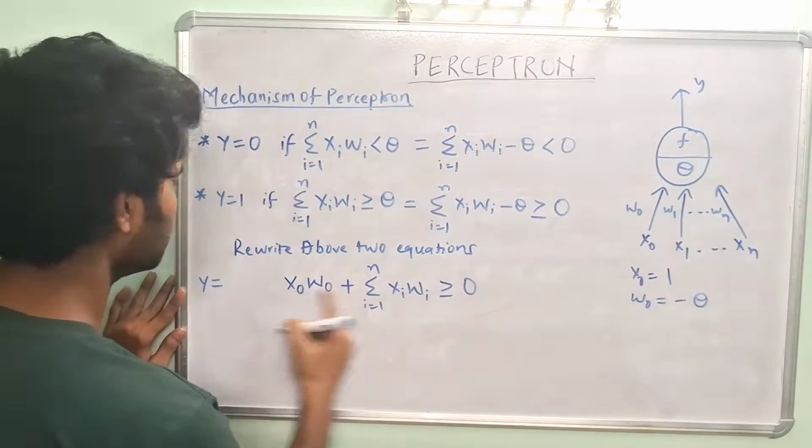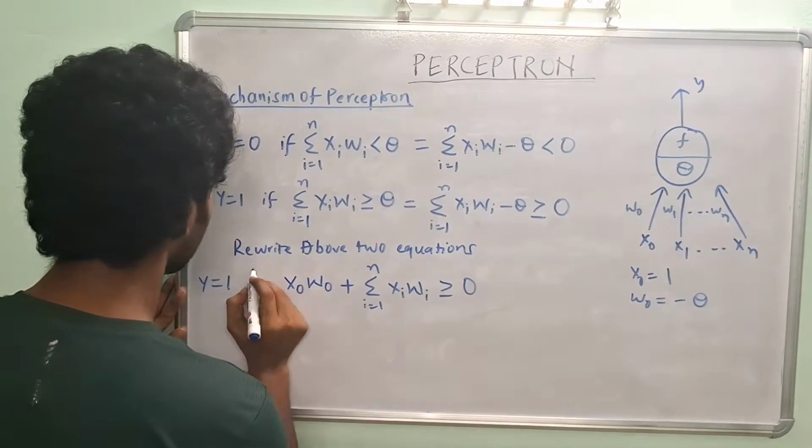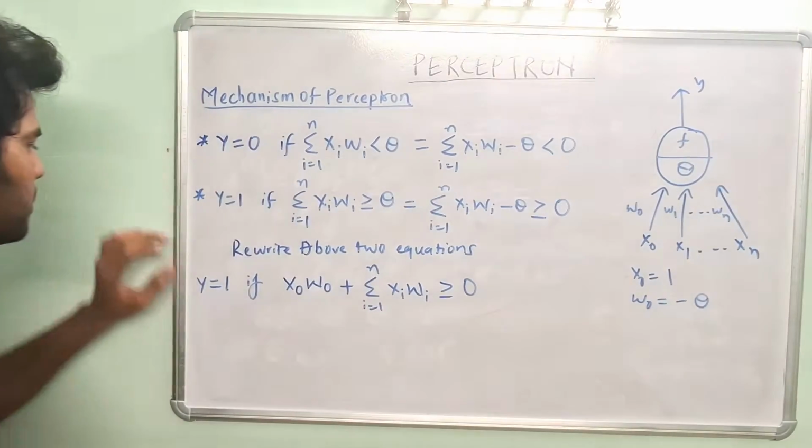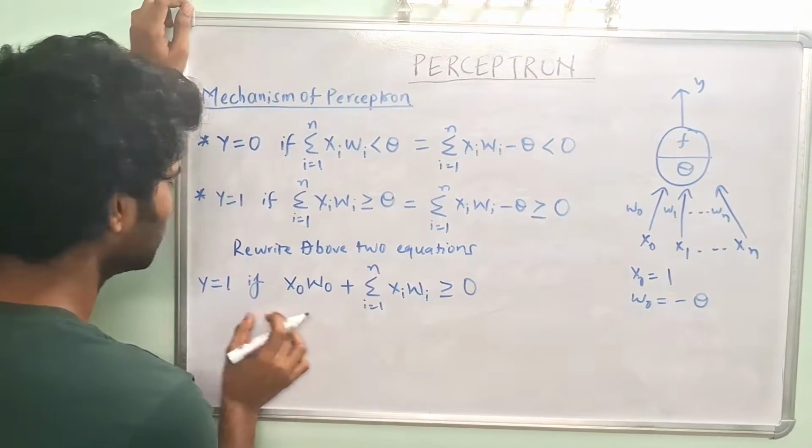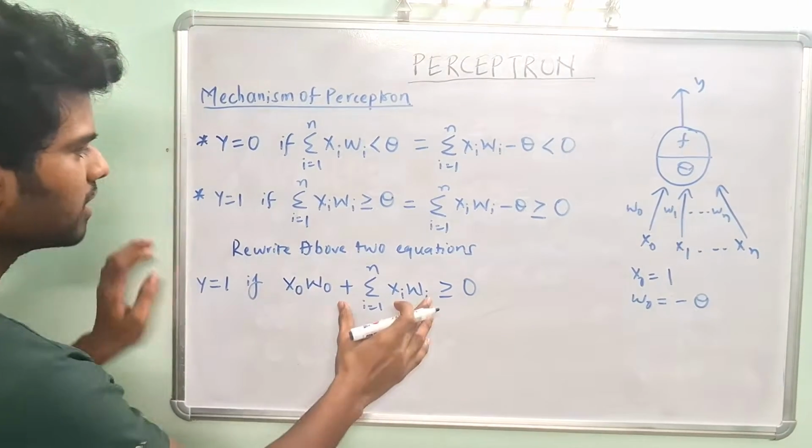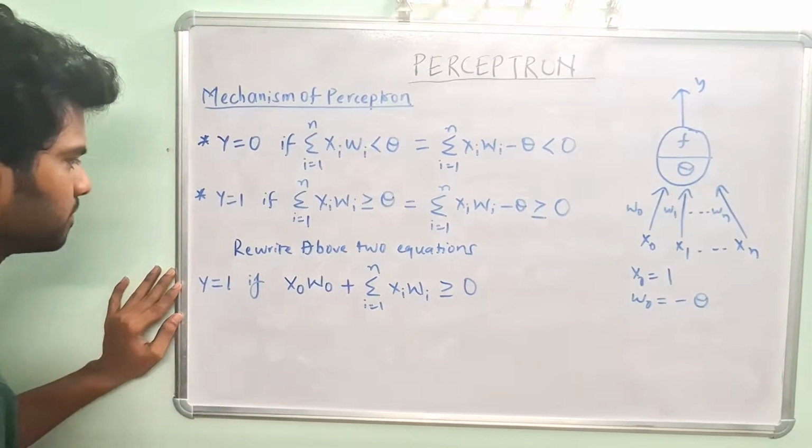Y equals 1 condition. Output becomes 1 if this condition holds. I just rewrote the above equation.